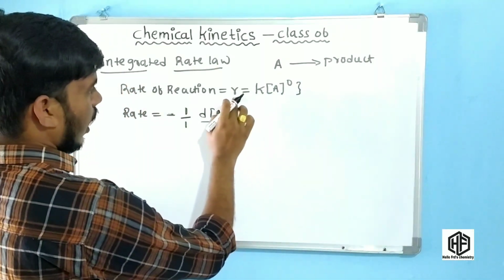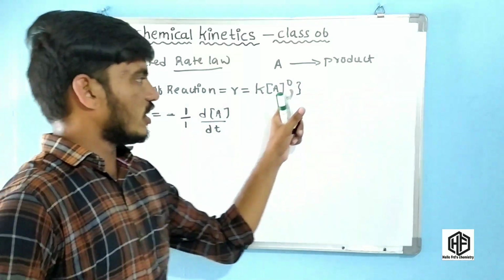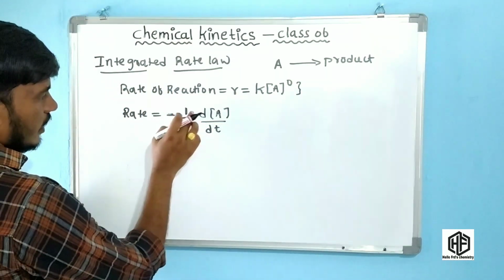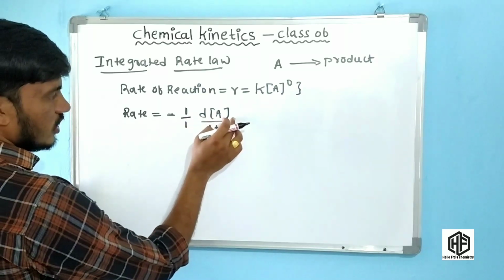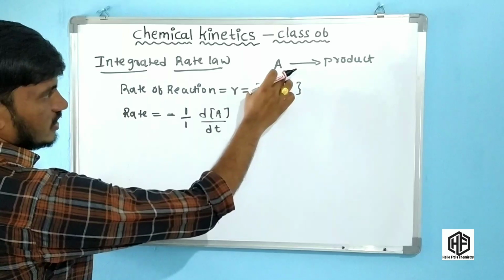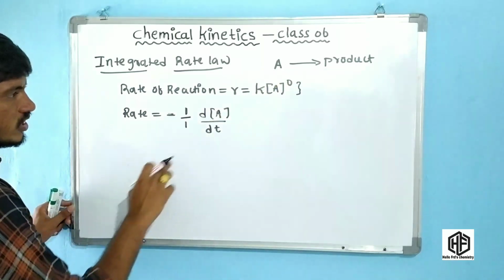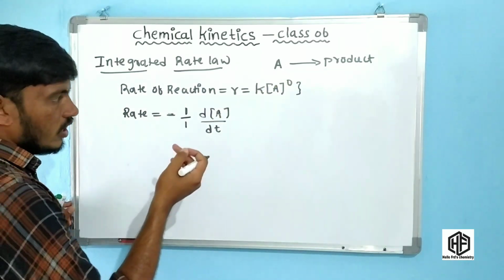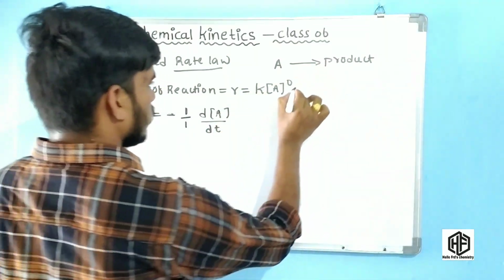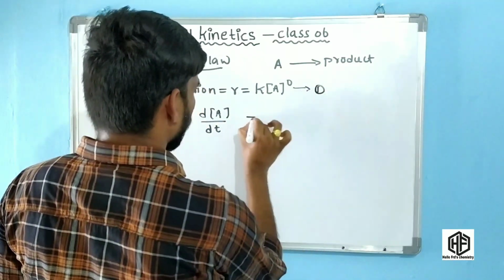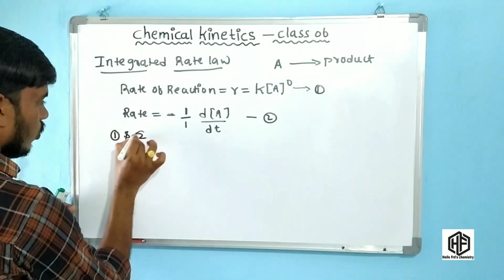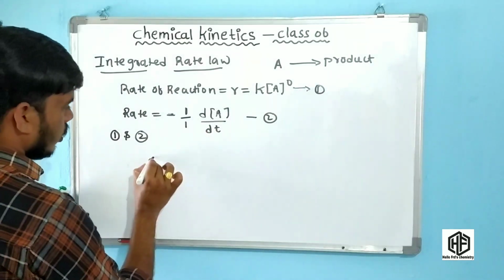It means the rate law is R equal to K into concentration of A power 0, and the rate of reaction is equal to minus 1 by 1 into d[A] by dt. This is the rate of reaction in terms of concentration. In my previous class this point is explained briefly, and these two are equal, friends. These are 1 and 2, and 1 and 2 are equal.